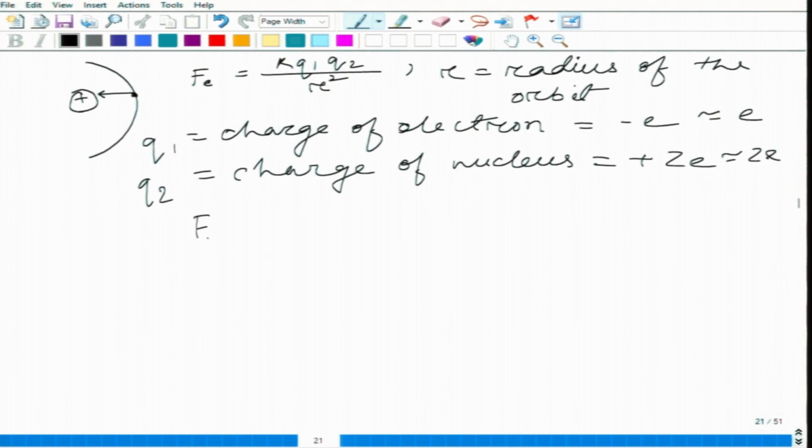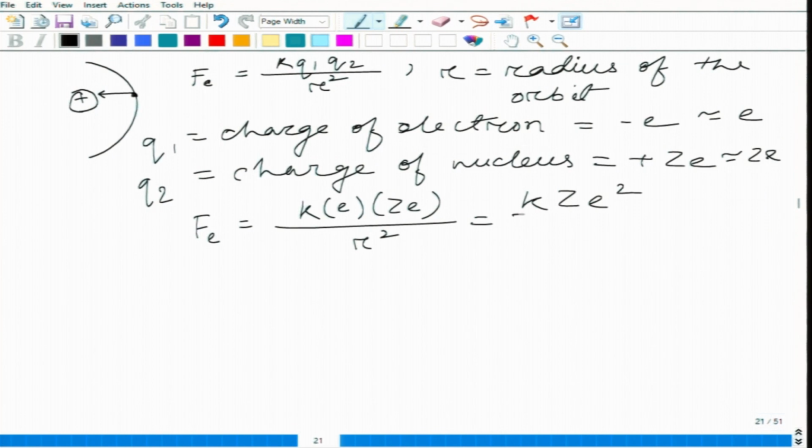So, Fe will be K E into ZE by R square, that is K ZE square by R square, and the centrifugal force will act in this direction. So, F centrifugal is equal to mv square by R. These two forces will equate each other.